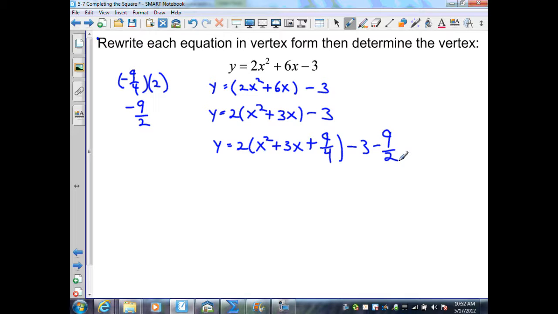So remember, I can add b over 2 squared to the interior of the group at all times, but I have to be careful what I subtract on the exterior. It all depends on what I factored out.